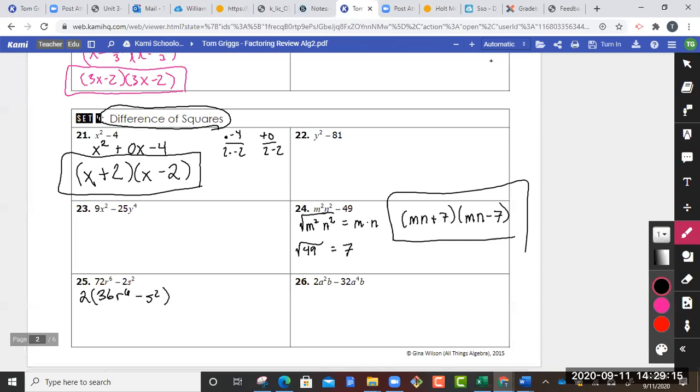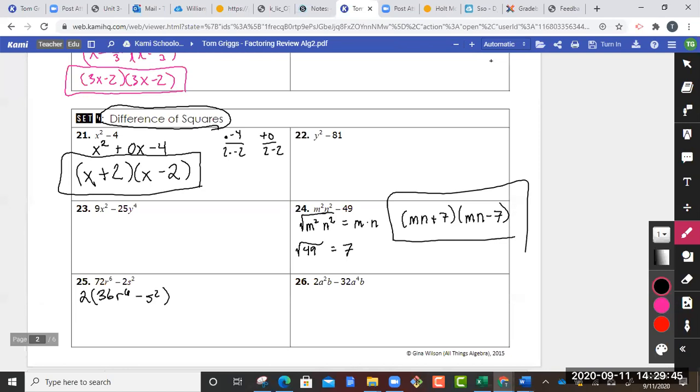So that means when we take the square root of x to the 6th, it will just be x to the 3rd. Because x to the 3rd times itself gives you x to the 6th. In other words, when you take the square root of something with an exponent, you just cut it in half. So like the square root of x to the 10th is x to the 5th. Because when you multiply variables, you add their exponents.